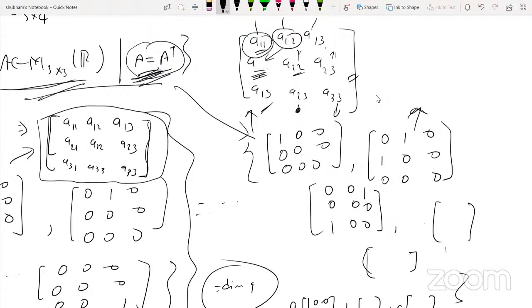If you are not taking the transpose, it would be 2 1, not 1 2, but because A equals A transpose, the general matrix has this entry here also. When you take the transpose, it will be the same.